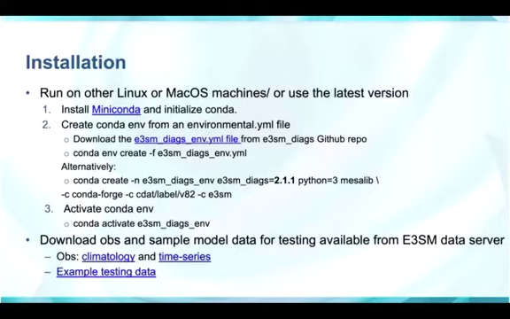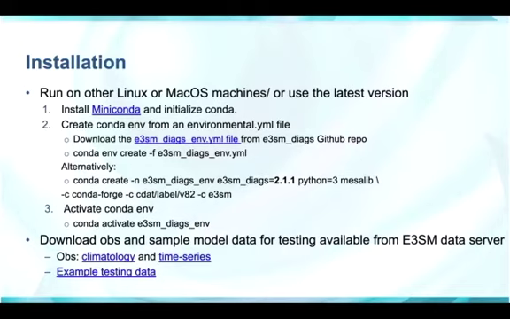There are two ways to create the E3SM Diags environment. Firstly is to create the environment through an environment YAML file. In the YAML file, all the versions of each dependency are pinned down. This way, the installation process is faster because Conda doesn't need to decide which version to pick up.